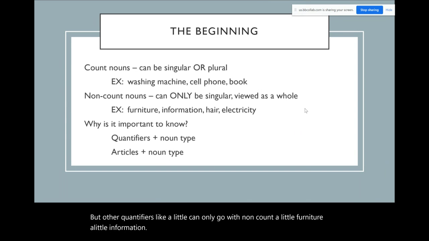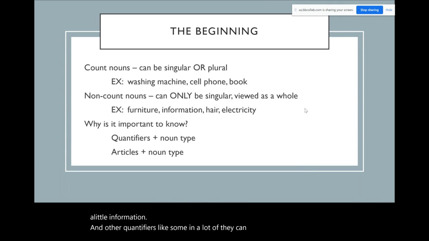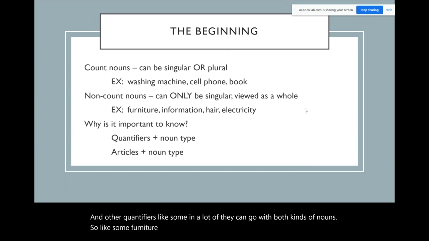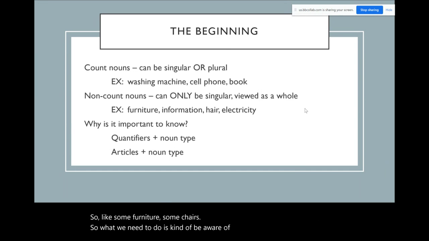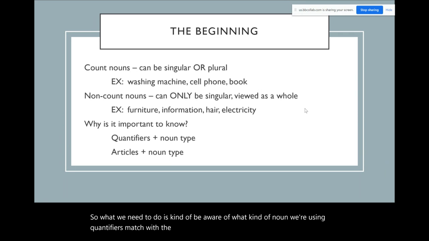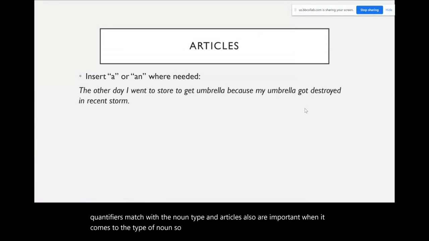And other quantifiers like some and a lot of, they can go with both kinds of nouns. So like some furniture, some chairs. So what we need to do is be aware of what kind of noun we're using. Okay. Quantifiers match with the noun type, and articles also are important when it comes to the type of noun. So we're going to look at both of those next.